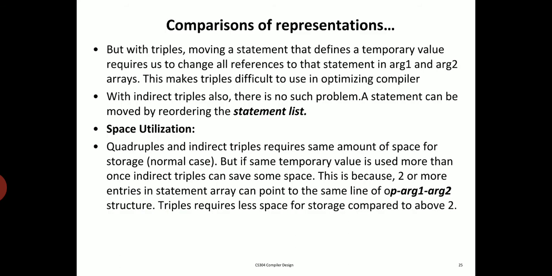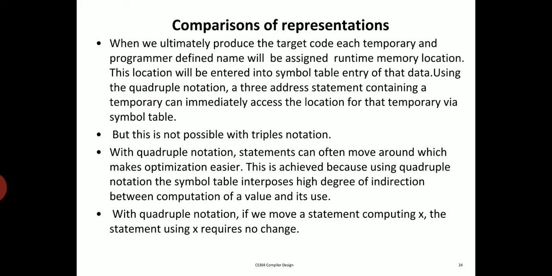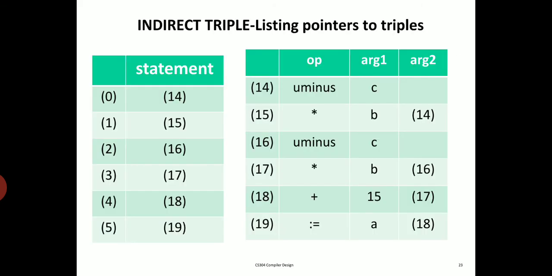Then comparing the space utilization, quadruple and indirect triple require somewhat the same amount of space. But if the same temporary value is used more than once in indirect triple, it can save some space, because you know that in the case of b star minus c, in the indirect triple, that is u minus c, 14 and 16 can be clubbed. This 14 and 16 have the same op, arg1, arg2 fields, so 14 and 16 can be clubbed.